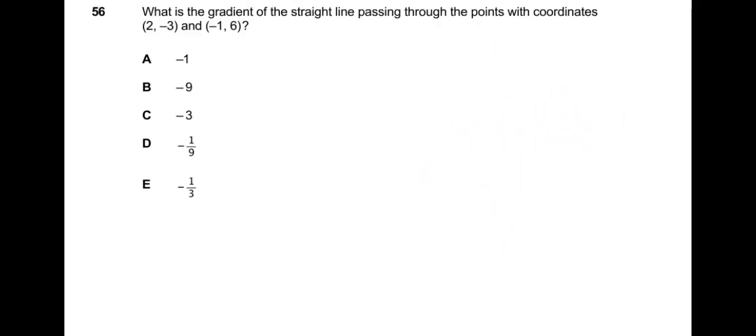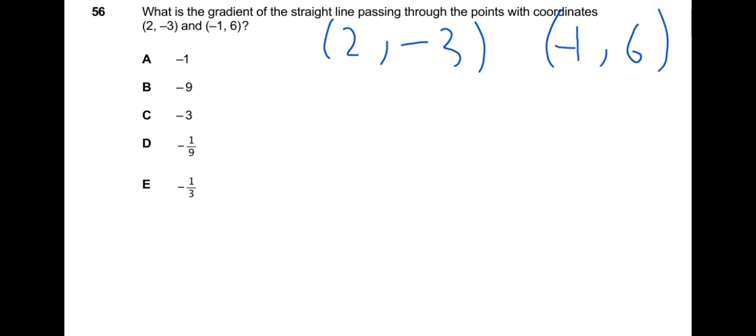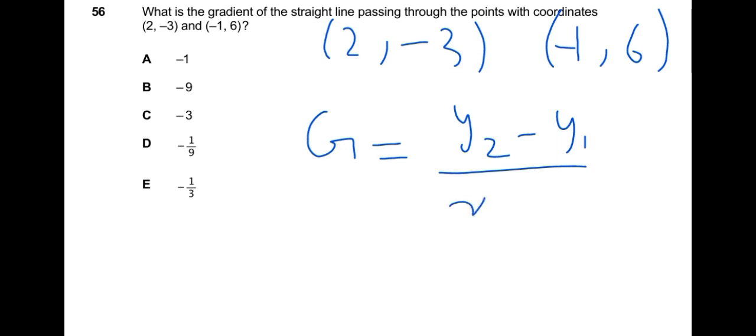So let's move to the next MCQ, which is: what is the gradient of the straight line passing through the points with coordinates (2, -3) and (-1, 6)? The gradient is equal to y2 minus y1 over x2 minus x1.